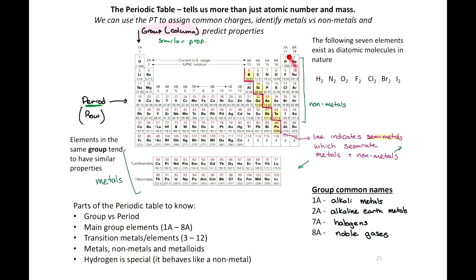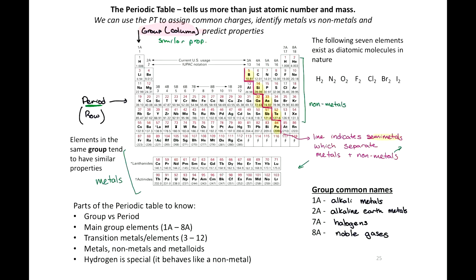So here are your nonmetals, here are your metals, and these highlighted yellow elements are called your semi-metals, or sometimes metalloids. They're not quite a metal, they're not quite a nonmetal, they're somewhere in between. Sometimes they take on metallic characteristics, sometimes nonmetallic. So they're sandwiched between the regions where you find metals and where you find nonmetals.